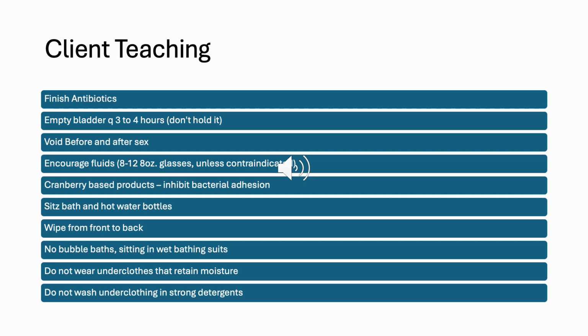Cranberry-based products inhibit bacterial adhesion, so that's a good intervention. Sitz baths or hot water bottles for comfort. Wipe from front to back. No bubble baths, no sitting in wet bathing suits for a long time. Don't wear underclothes that retain moisture, don't wear pantyhose, and don't wash underclothing in strong detergents.